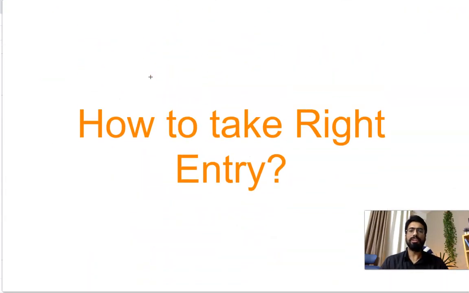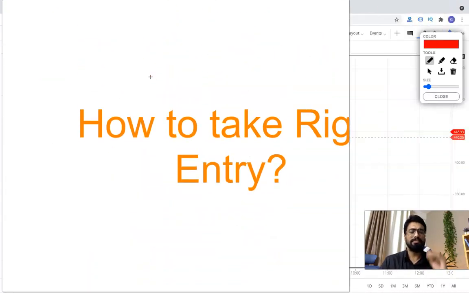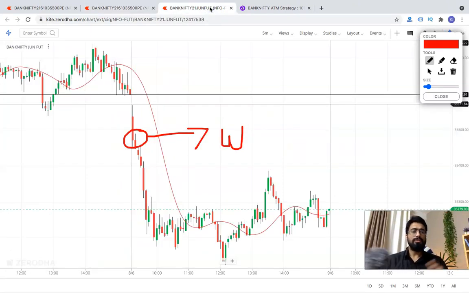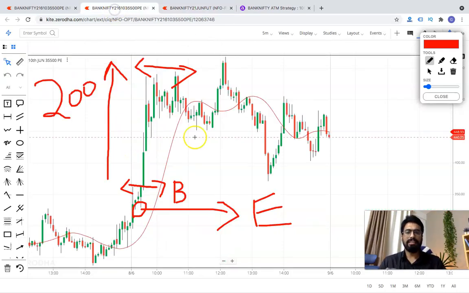How to know where to take entry and where to take exit? This is the main key question every trader has. I'll be explaining it in detail right now. Where not to get trapped, how to take the perfect confirmations, and how to wait for more confirmation of the weakness. This is the area zone where we got the sign of strong weakness, and this is the area zone where we got the breakout in puts.